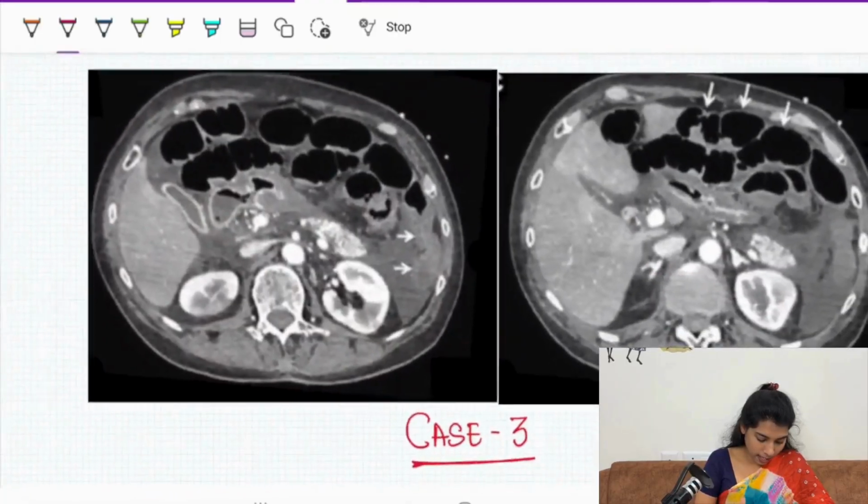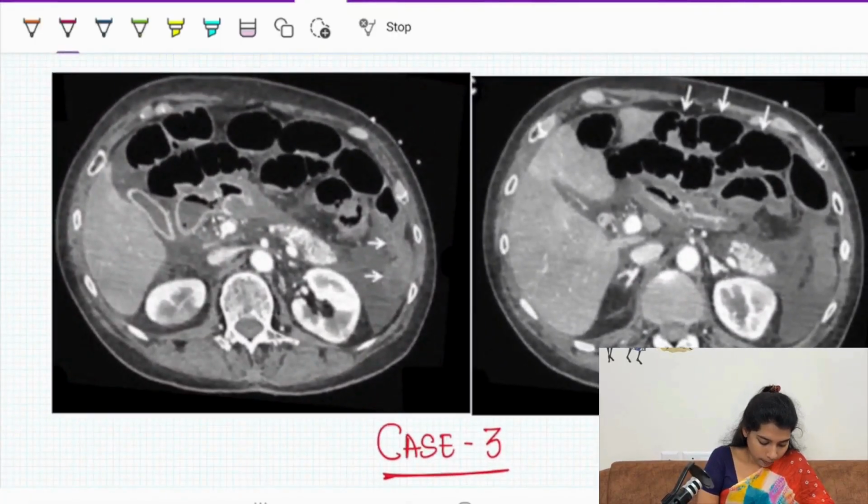Third case scenario, you can see that the IVC is collapsed, the anterior posterior diameter of the aorta is reduced, there is hyperenhancing renal cortex, hyperenhancing adrenals, hyperenhancing pancreas, and enhancing mucosa of the gallbladder. Along with it, you can see a few dilated bowel loops.